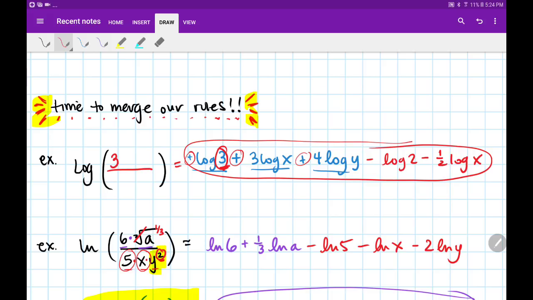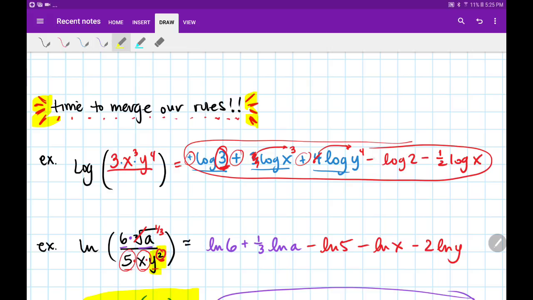Next to it, I'm going to write, hey, this 3 is actually an exponent. So I'm going to write that as x cubed, and x cubed multiplies in the top. This 4 is actually the exponent for y, so I'm going to write y to the 4th in the top. And remember, they're all multiplying together, so we're not adding them. They go back together as multiplication.